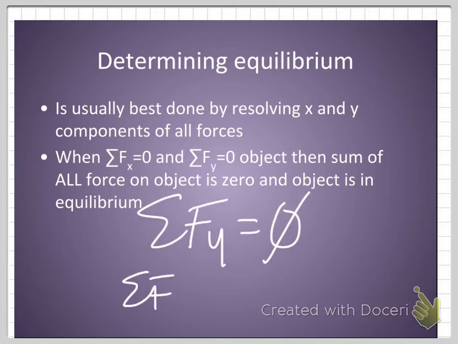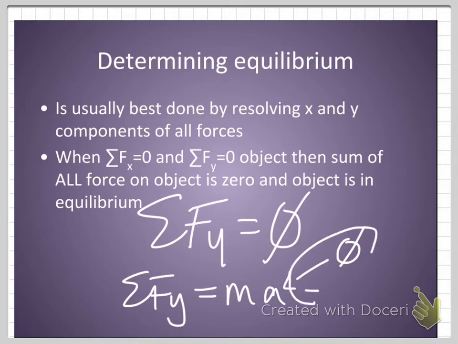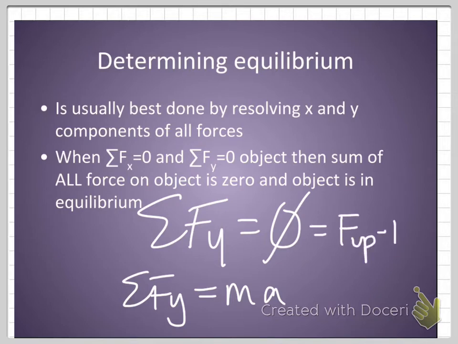We've been saying that the sum of forces on the y-axis equals mass times acceleration, and in this instance it happens to be 0. And the sum of forces on the y-axis also happens to be equal to all the forces up minus all the forces down.